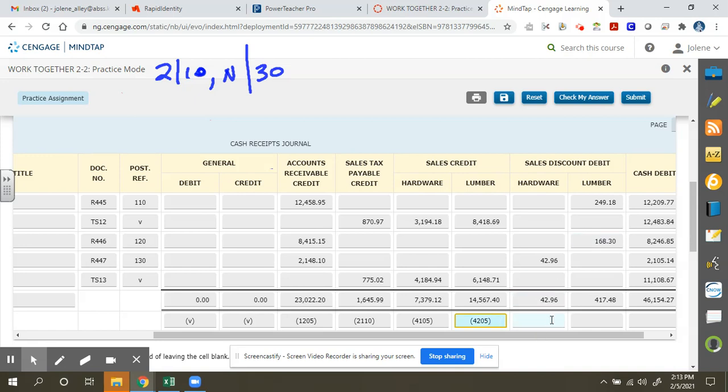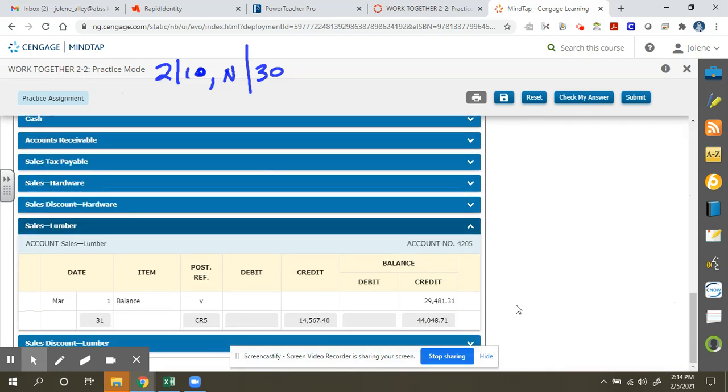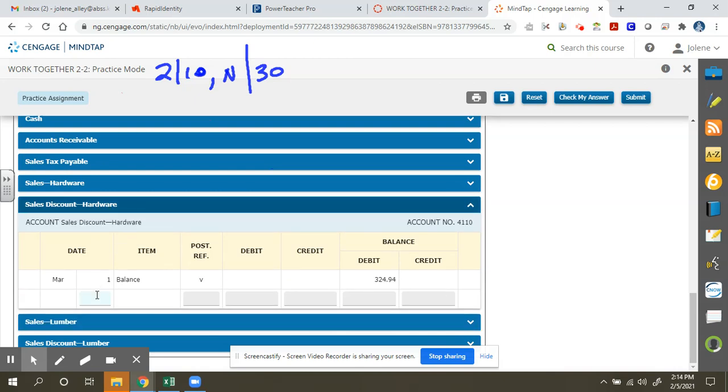Now I've got the hardware discount debit. Hardware discount debit. Tells you up here. So let's go down to hardware, sales discount. Debit for $42.96. It already has a debit. We got to add them together.